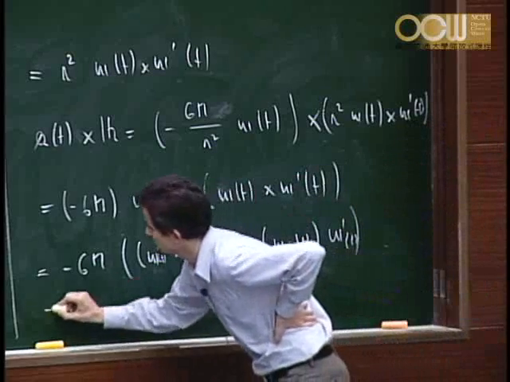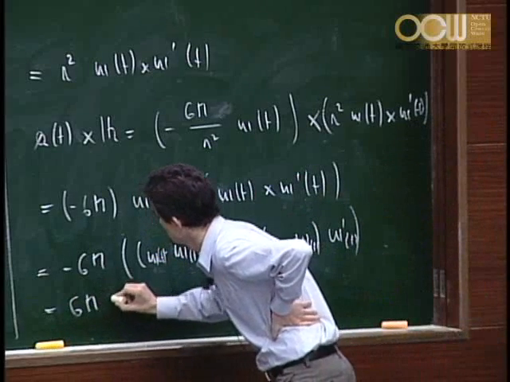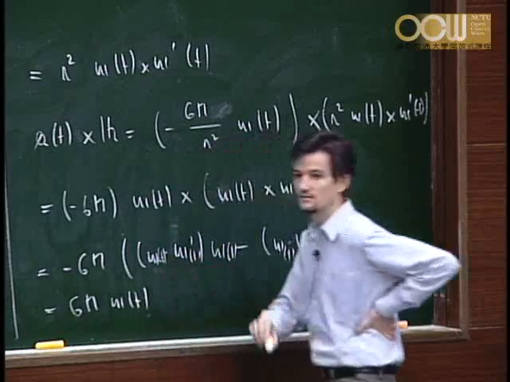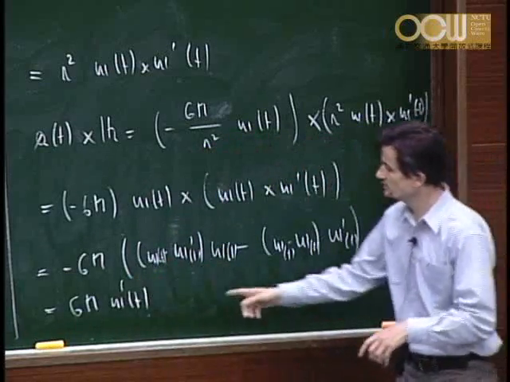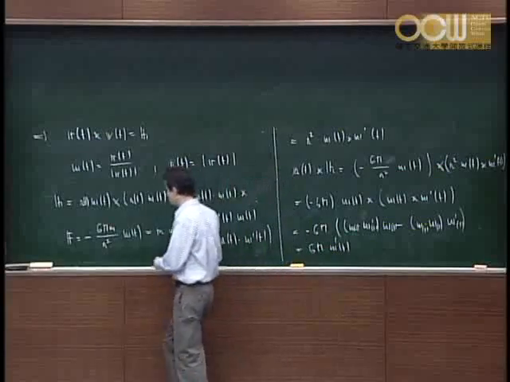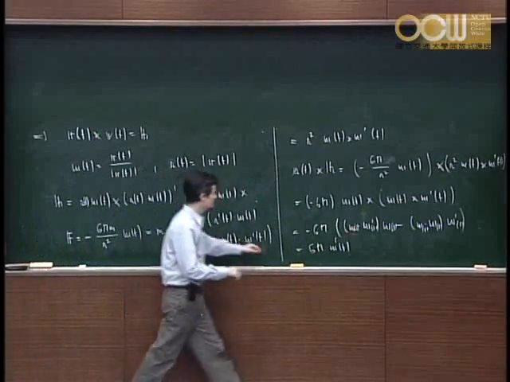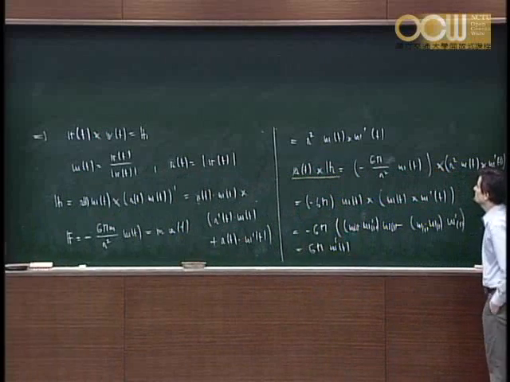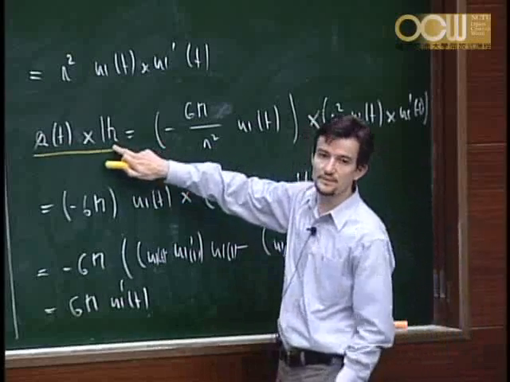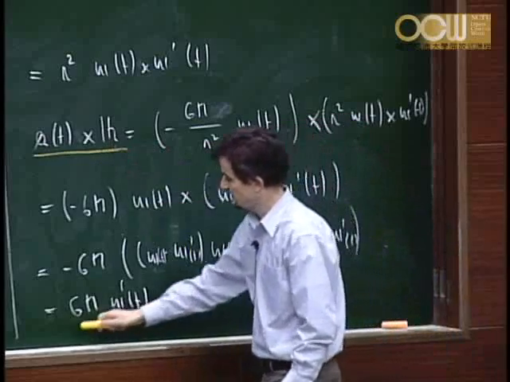So what I get is GM times the derivative of u of t. So this is already a pretty easy expression. So you see that the cross product of a of t with h does not depend on t, and must be equal to this one.